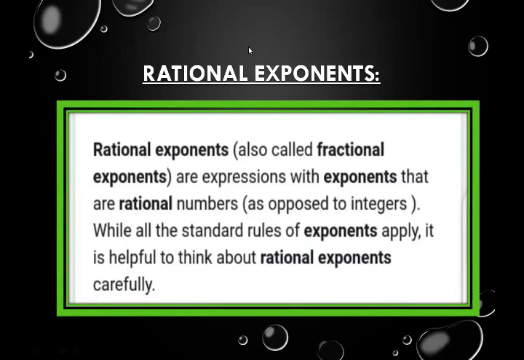And we also discussed that in a rational number, one of the parts is an integer. While all the standard rules of exponents apply, rational exponents are the exponents which are present in the form of a fraction and on which we can apply all the laws of exponents. It is helpful to think about rational exponents by following different examples.